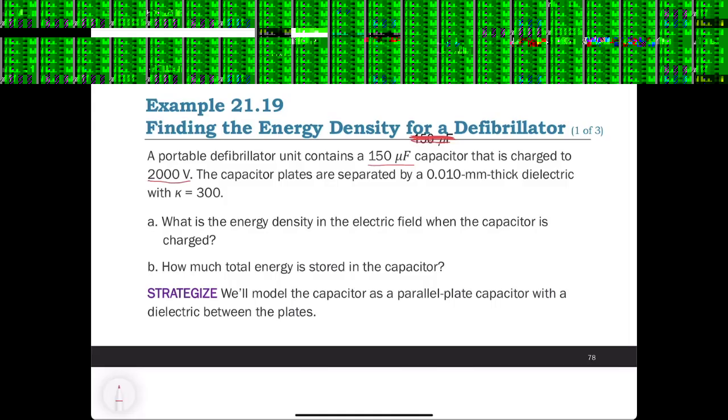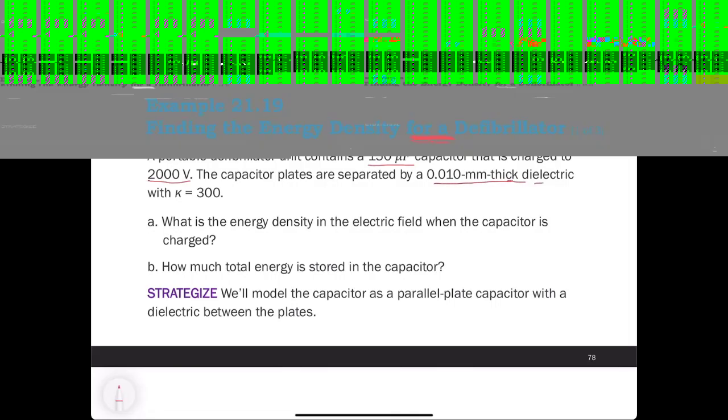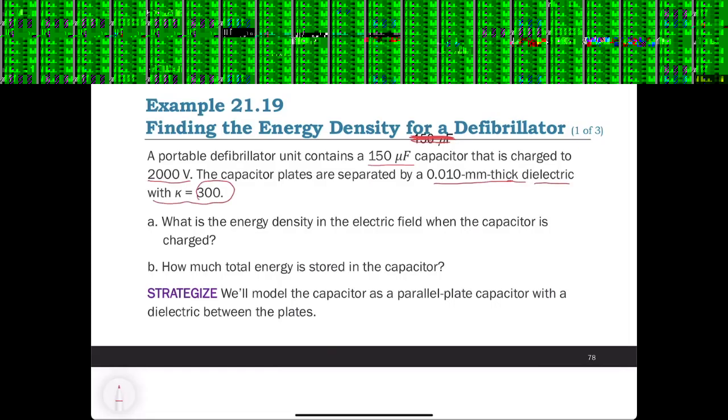The capacitor plates are separated by a thin dielectric with K equal to 300. What is the energy density in the electric field when the capacitor is charged? How much total energy is stored in the capacitor? We can use the equations we talked about to calculate those two.